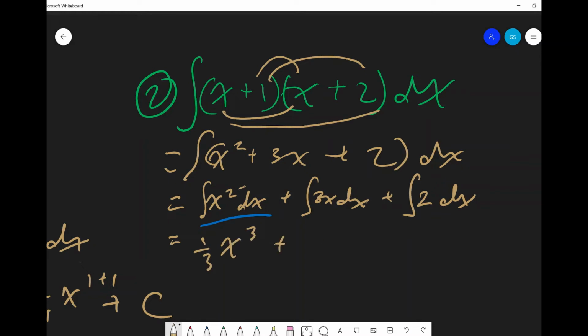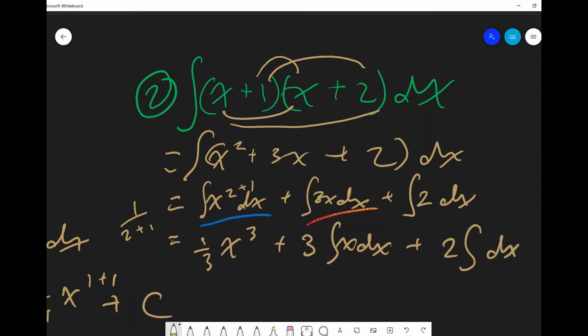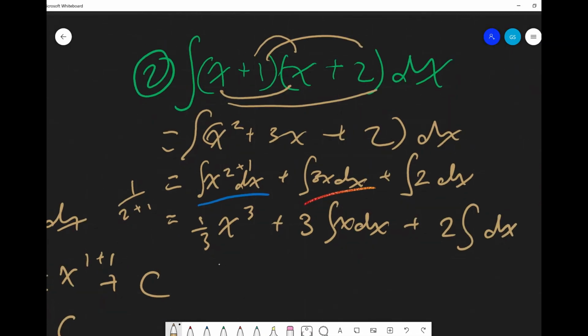So it's 2 plus 1, and then you have the 2 plus 1 here like that. In this term, we have a 3 here. This is a constant, so we can factor out that 3, integrating this with respect to x, plus we have a 2 here, factor that out. This is just dx. And so let me do a line like this so we don't get confused.